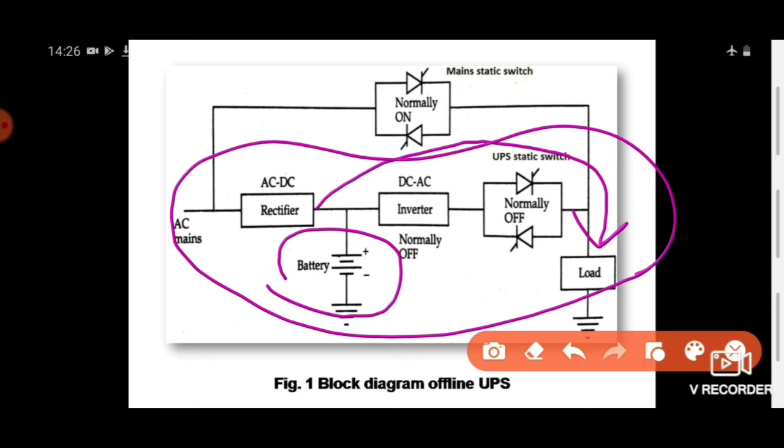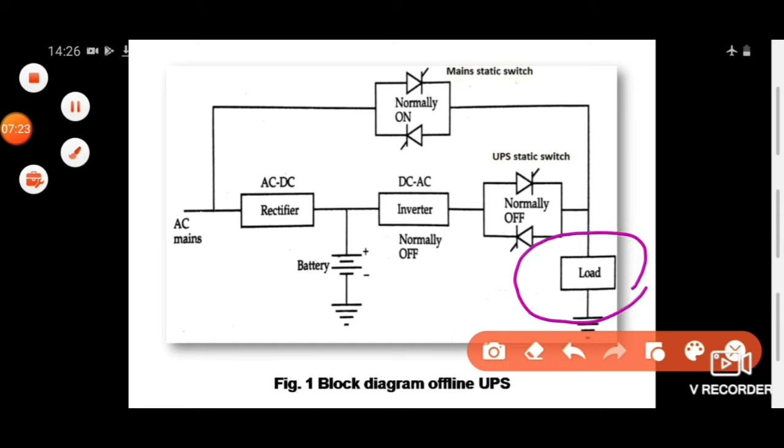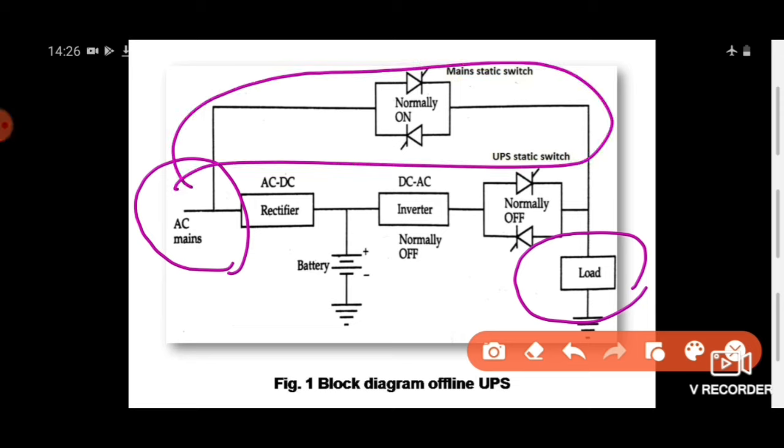Because initially this load was served by the AC main power supply through this path. So whenever this AC main supply cuts off, the UPS system has to sense it.